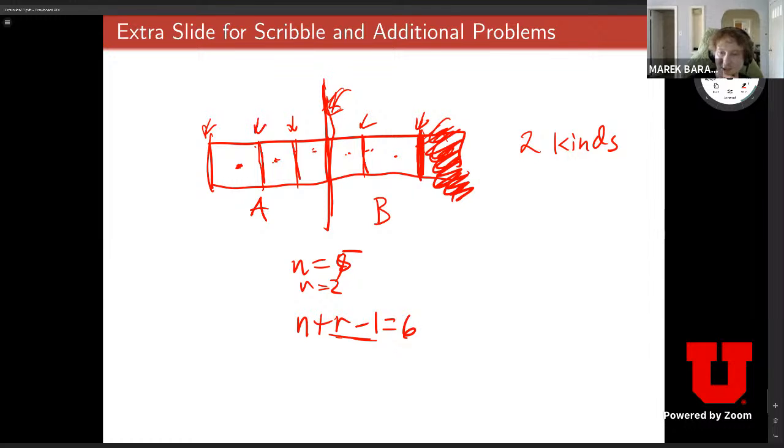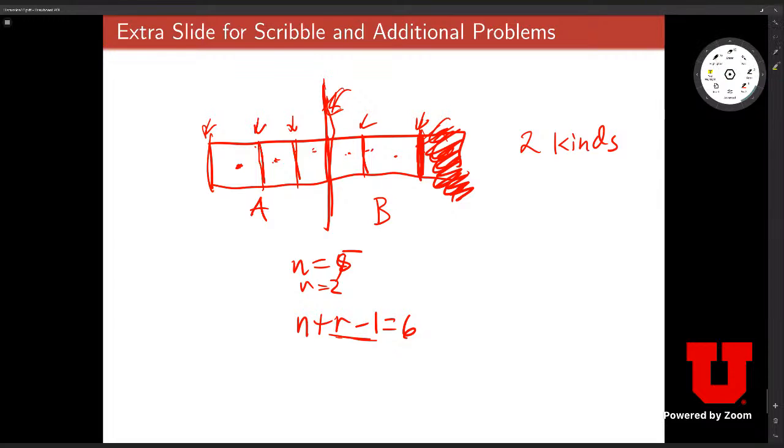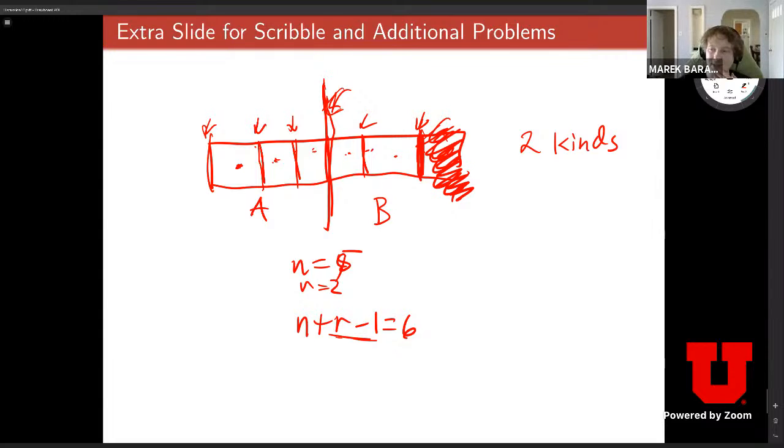I think we're stepping into the next section. I forget, Lynn or Ilkin, do you know which section of the book tells you how they derived the formula for the bag problem?